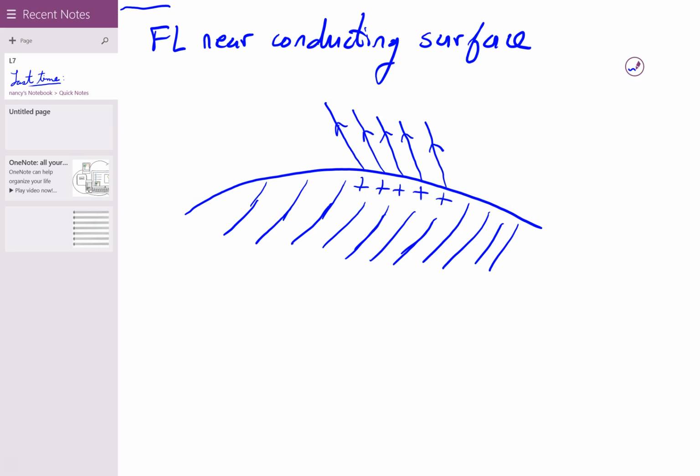So if this were the situation and these were positive charges, they're free to move, but there are some constraints, right? The force is trying to, here as you can see, pull them directly off of the surface. Well, if the electric field is strong enough, it might actually be able to rip charges out of the surface.